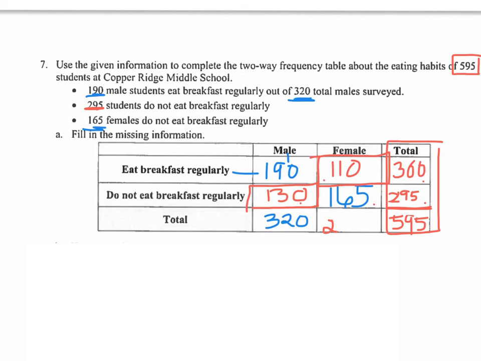Oh, sorry, 275. Which makes sense because if I add 320 and 275, I'm going to get 595. So that's how you fill in a two-way table given information. You fill in what you know first, and then you use addition and subtraction to fill in the remaining spots.